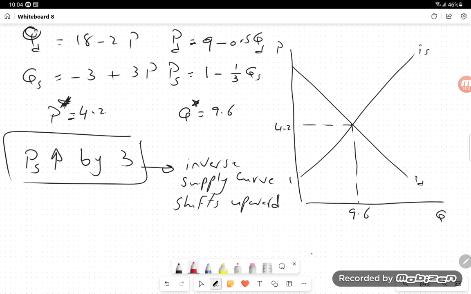So this is the new inverse supply curve, which is the old one plus 3. As a result, we are going to have a new equilibrium point.